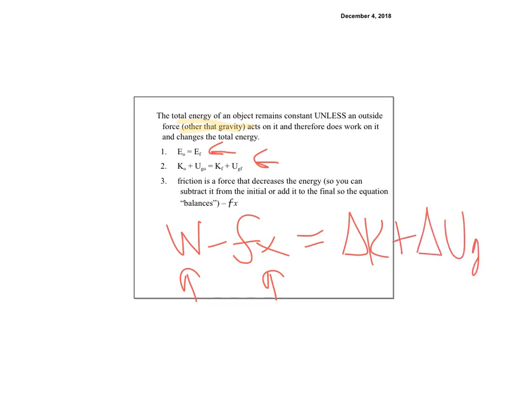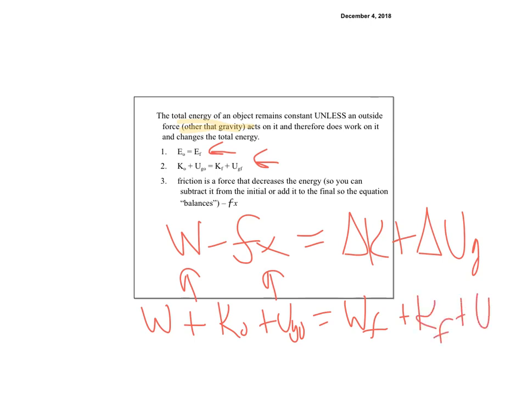Conversely, you could also say all the positive work. So I start with work, I start with K naught, I start with UG naught, and I end up with the work of friction and my final kinetic energy and my final gravitational energy, right? So it depends on what you're doing for the problem, which one is easier.